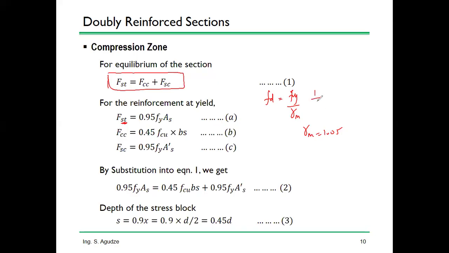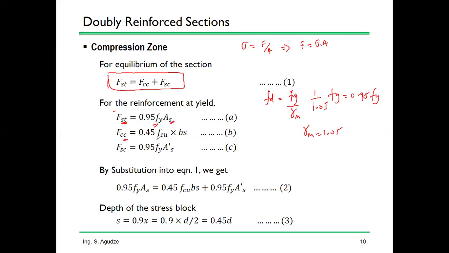So if I divide 1 over 1.05 times the Fy, I'll get approximately 0.95 Fy. And this is because we are writing everything in terms of force. So we know stress is force over area, and so force is equal to stress times area. And that is what we have here, times the area of tension steel.